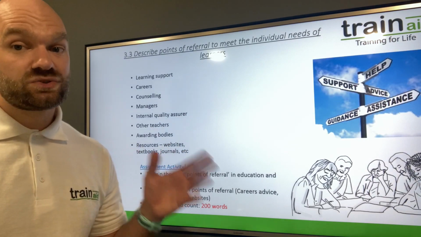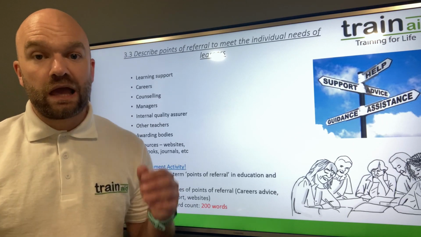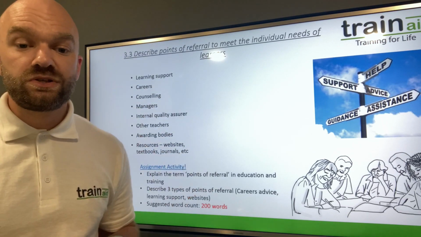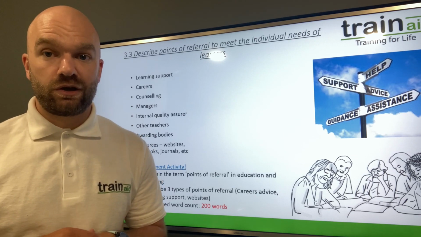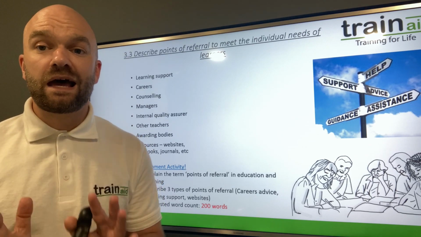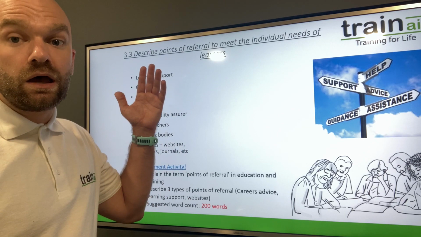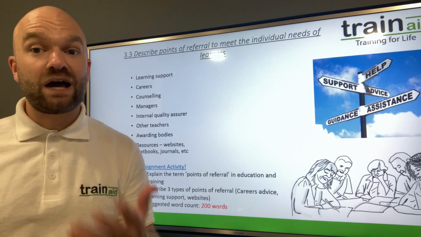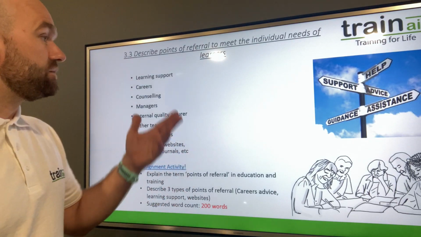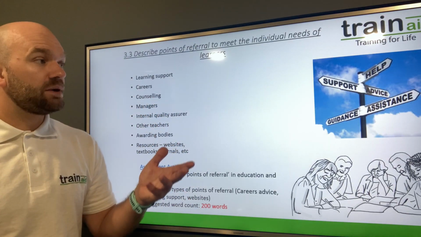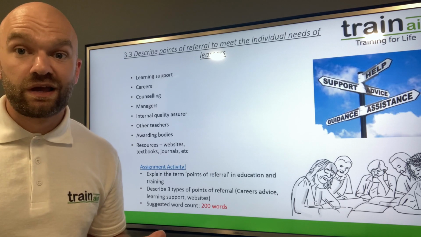This brings me to the last criteria of Unit A. It's simply to describe points of referral to meet the individual needs of learners. Now, these are a number of different ways which we can help learners overcome their boundaries or barriers. We have learning support, careers counselling, we have fellow managers as well.